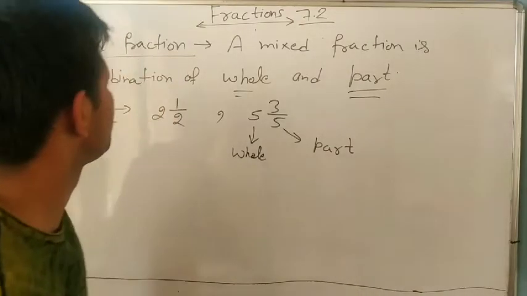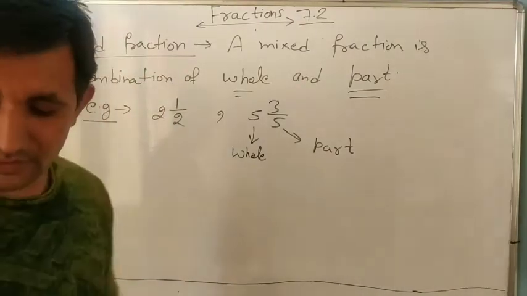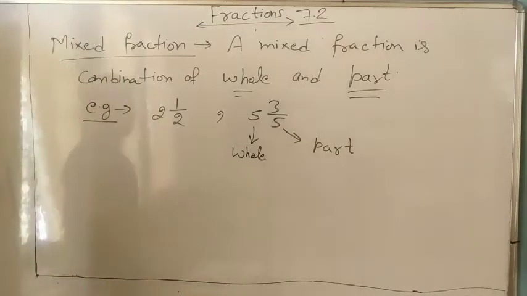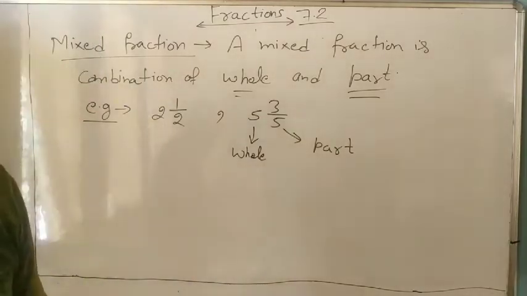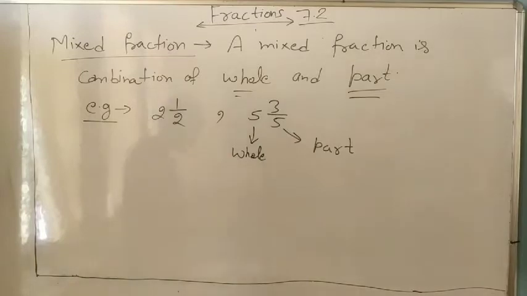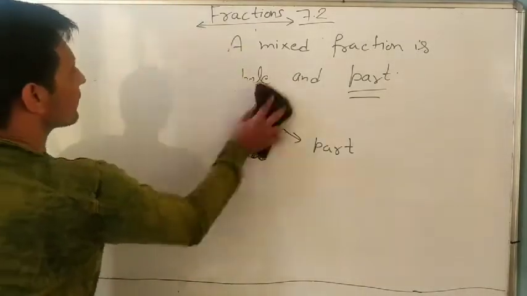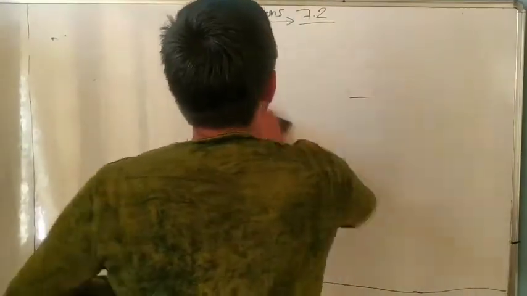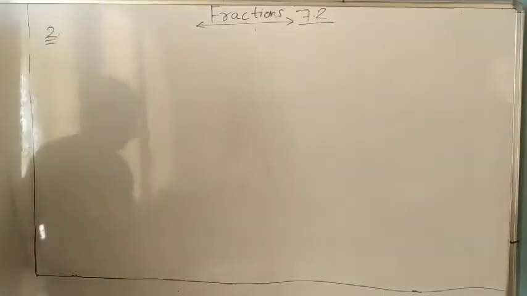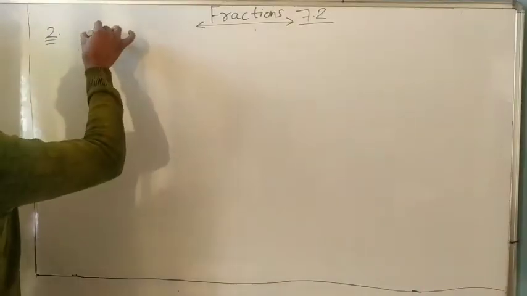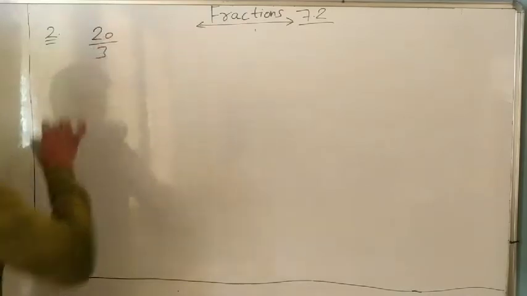Now look at mixed fraction. Now we will learn what we always do in mixed fraction. It is mixed fraction. Now question number 2. First is 20 divided by 3.